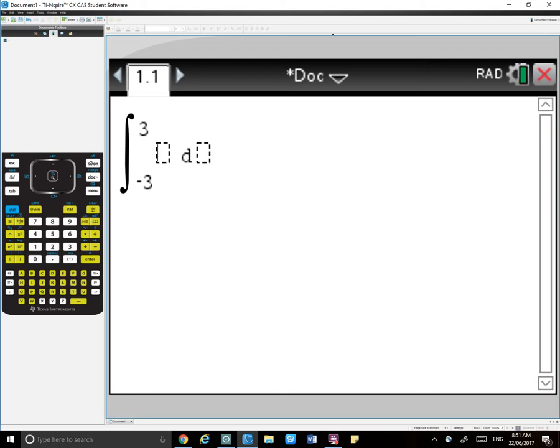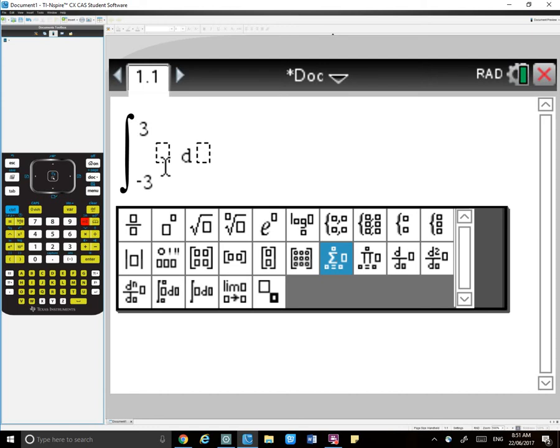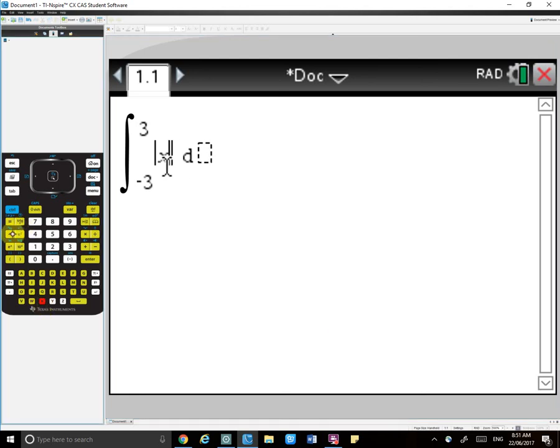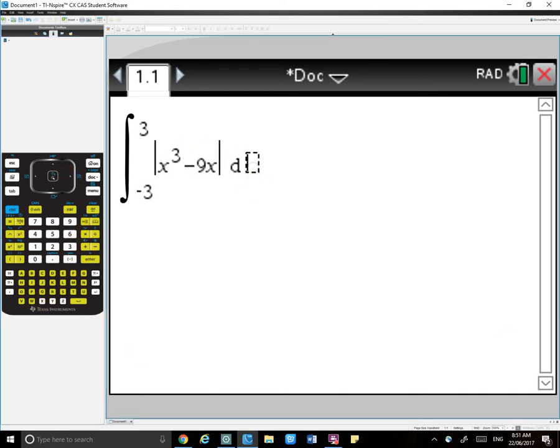The absolute sign is to the right of the 9 button, second line, first one. Just click on it. Oh, I clicked on the wrong place. Go here. Okay, and you have this, and you type the f(x) in it. So x cubed minus 9x dx.